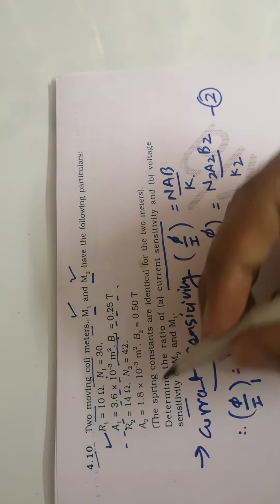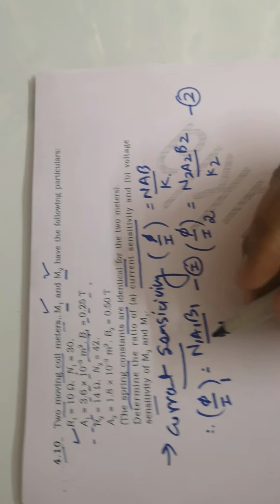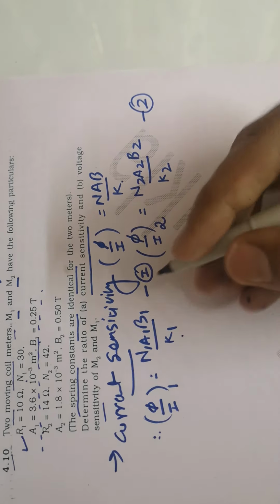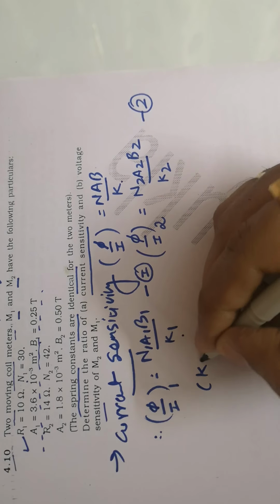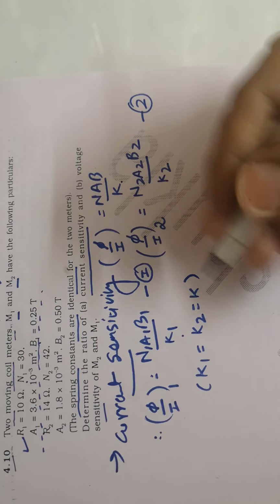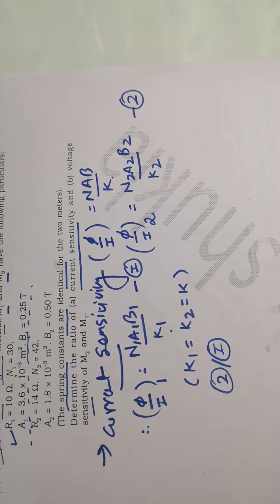But they have mentioned that the spring constants for both are identical, and the number of turns, area, magnetic field, and K, the spring sensitivity, are equal. So K1 and K2 both are equal. I am taking the ratio of equation 2 to 1.